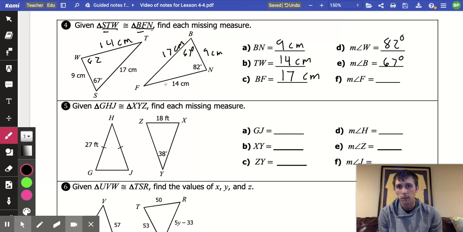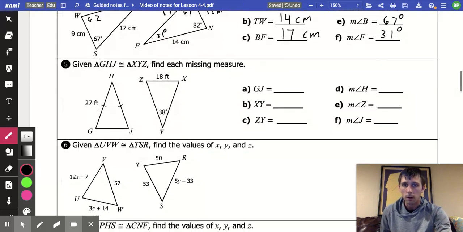What do we know the insides of a triangle add up to? 180, right? So 67 plus 82 is 149, and 180 minus 149 tells us that angle F is 31 degrees.